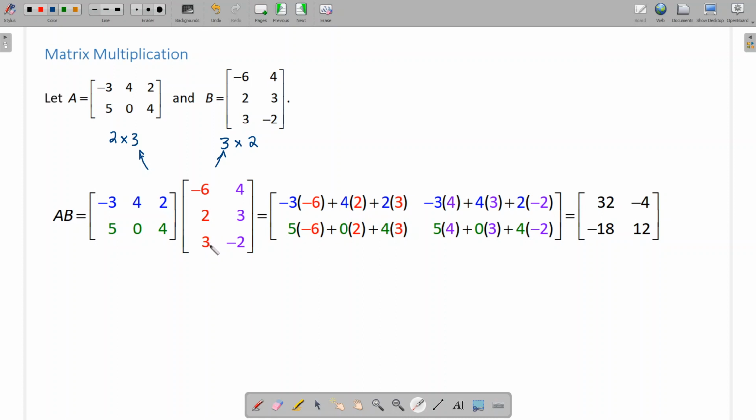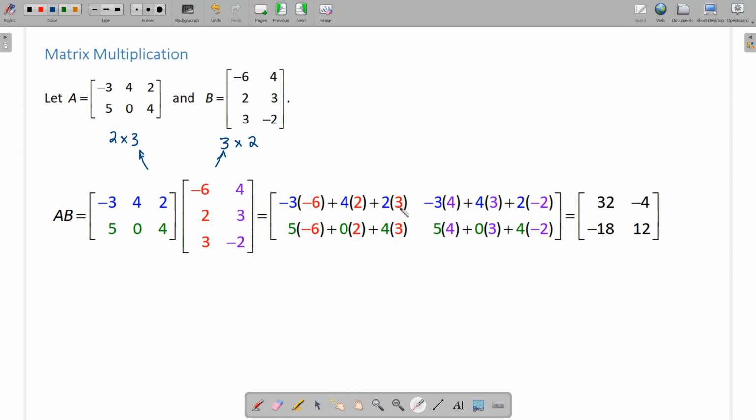Then 2 times 3, right here. All of those products get added together. So you'd have 18 plus 8 plus 6, which should give you this 32 here. So that entire thing, we call this a linear combination, adds up to this number here. That gives us our element in the product. And then you keep that process going. It's always row by column, and then row by column.